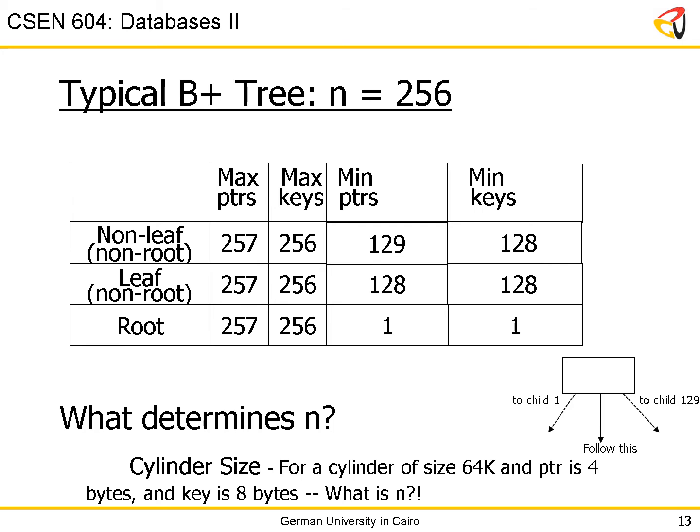Now, if you look at this, and I'm telling you, this is actually the typical size of an n, which is 256. So you have at most 256 keys in a node. That's a lot, because in that node, you will have at minimum 128 keys in the non-leaf level and 129 references, or 129 children for that node.